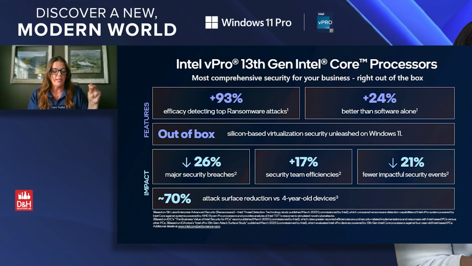And with that threat detection technology, it's got a 93% efficacy in detecting top ransomware. So it not just detects, but we work with ISVs in order to remediate. And certainly one of those, Microsoft is one of those. So we integrate with Microsoft Defender. The other thing with that threat detection technology is that it's 24% better than software alone.